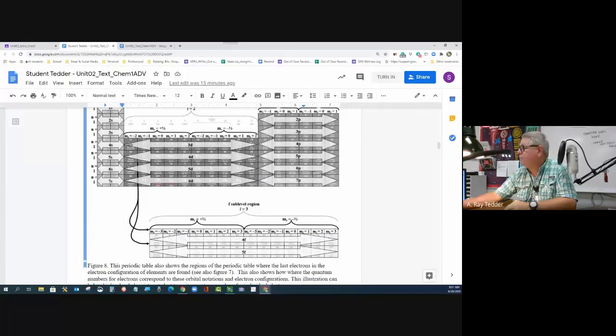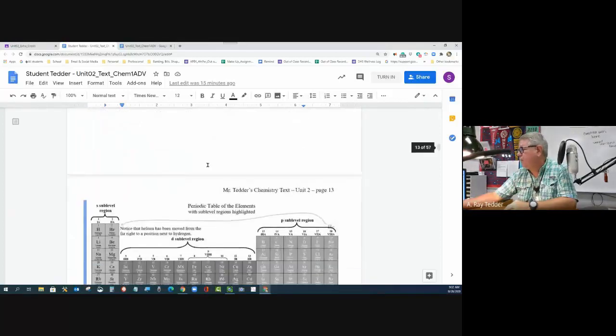You can see that here we went from the S sublevel over here in these first two columns into that D sublevel. So we went from 4S to 3D, and back over here we're up at 4P. So this might help you if you need to go back and look at it when you're writing your orbital notations and your electron configurations for homework, okay?